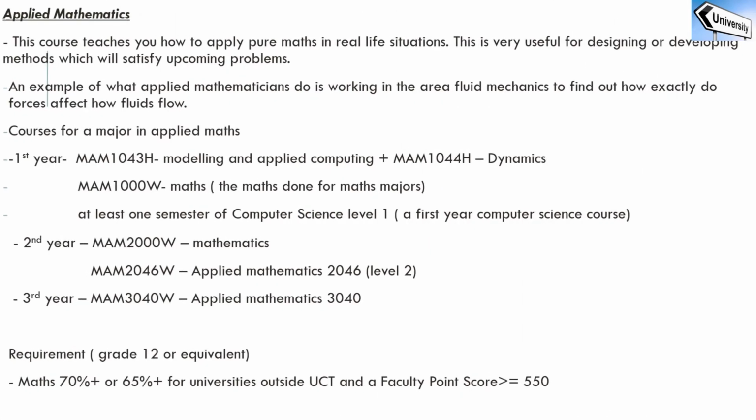Then applied mathematics, this course teaches you how to apply pure maths into real life situations. Very useful for designing or developing methods which will satisfy the always upcoming problems. An example of what applied mathematicians do is, in the field of physics, they work under fluid mechanics to find out exactly what the forces applied do, how they affect how fluids flow.